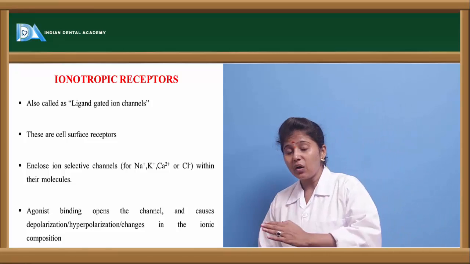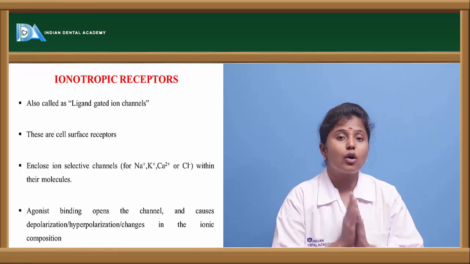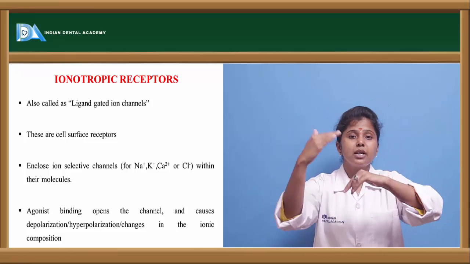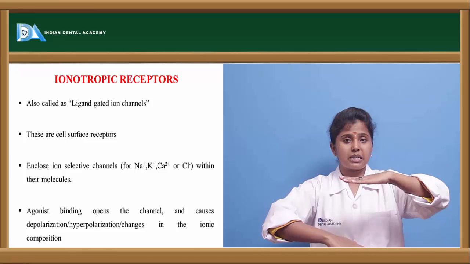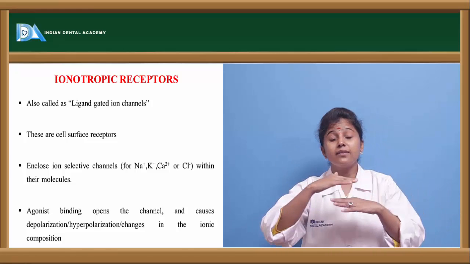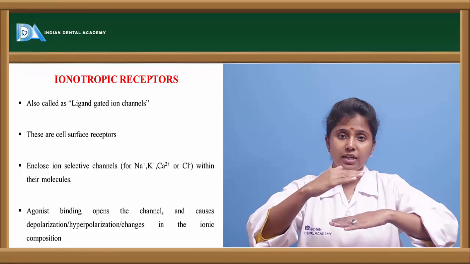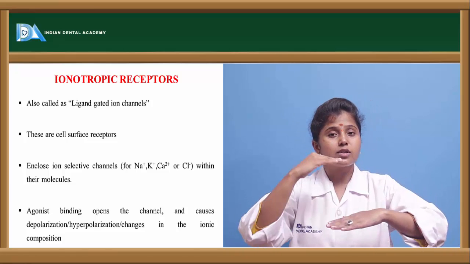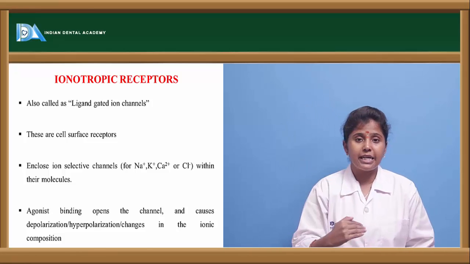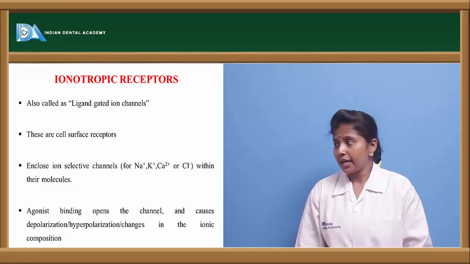The entry or exit of ions is based on the concentration gradient. In the sense, if the concentration is more inside the receptors, then the ions will move from inside to out. Whereas if the concentration is high outside the receptors, then the ions move from outside to inside. So based on the concentration gradient, the movement of the ions is done.